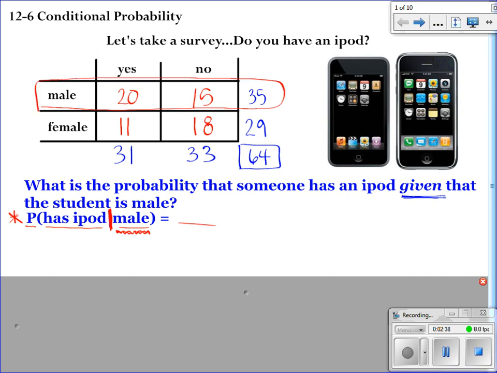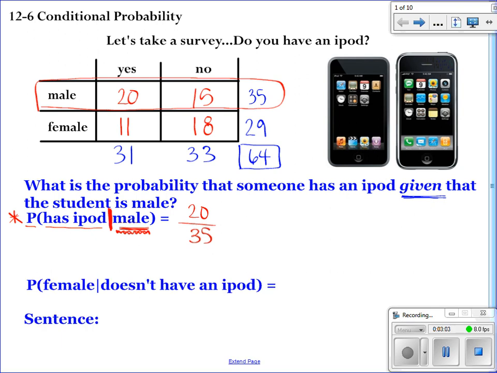Like I said, the fraction bar, we have to put the number of males on the bottom. We're only looking in that category, just at the 35 guys in the survey. How many had an iPod? Well, 20 of them did. So that's that probability.